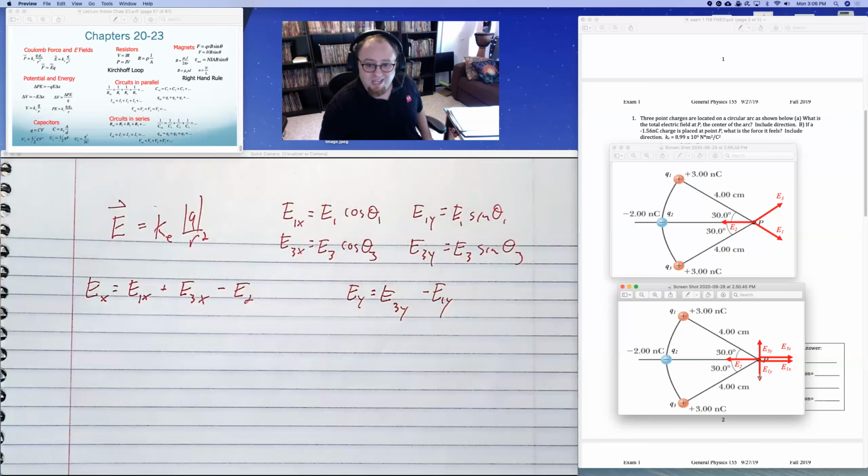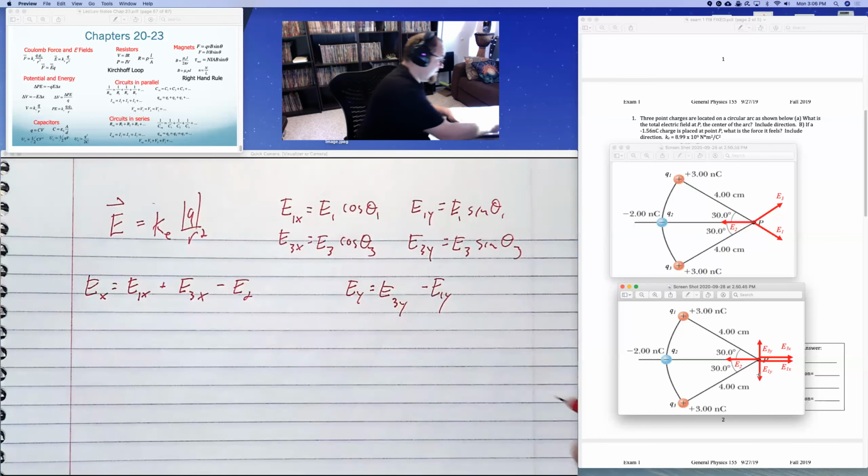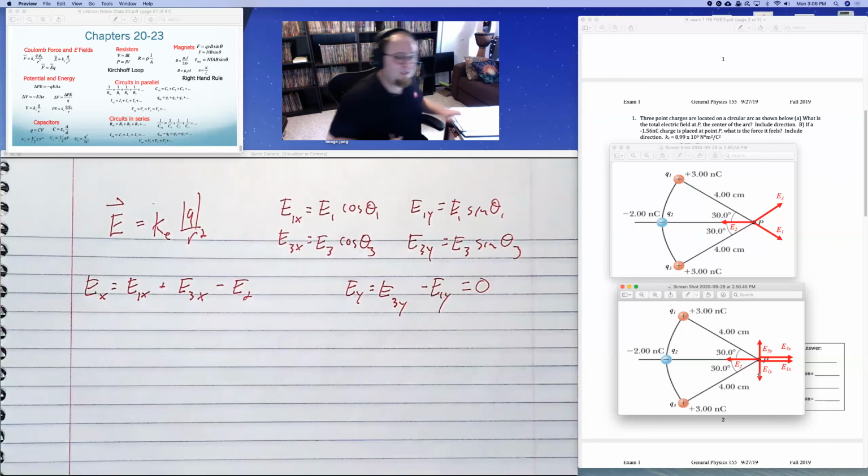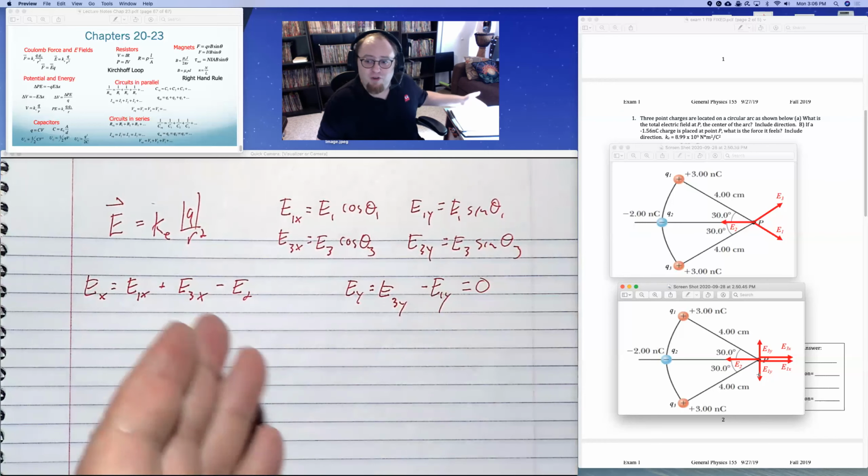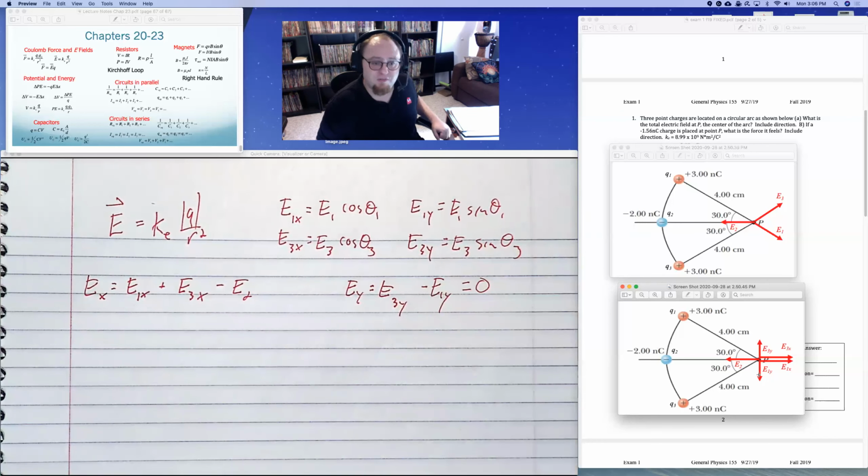And so this is actually going to balance out. The y is going to cancel because they're the exact same magnitudes in opposite directions. And so I can ignore my y. It all cancels. And for x, I'll just stick to what I have left.